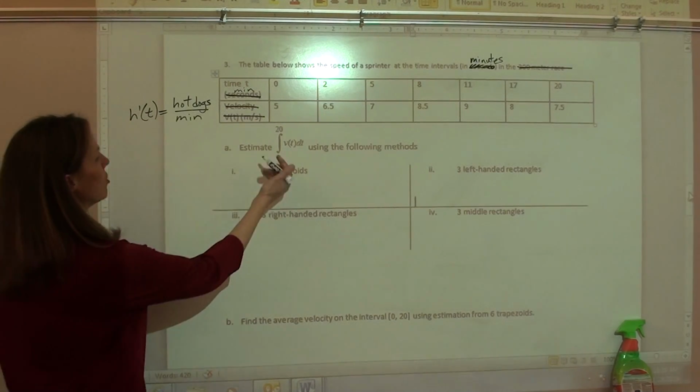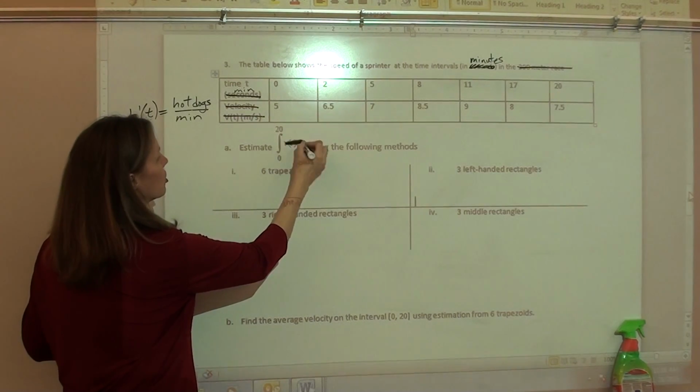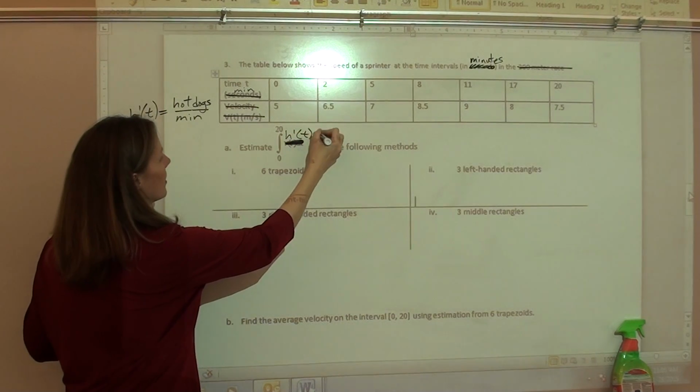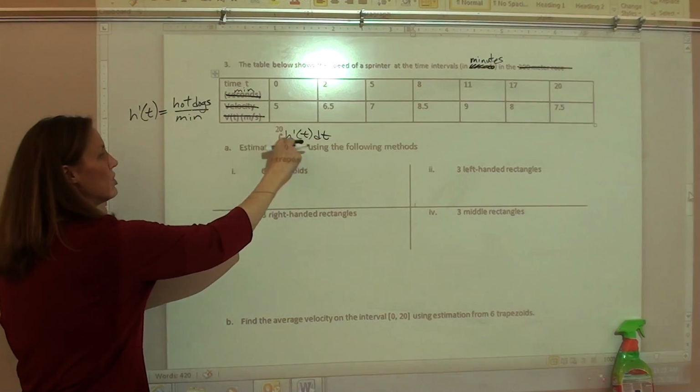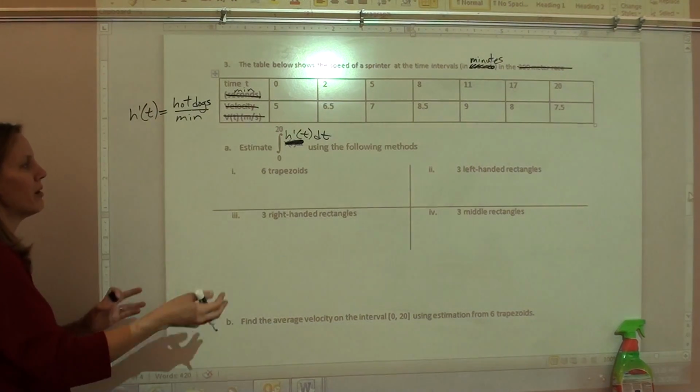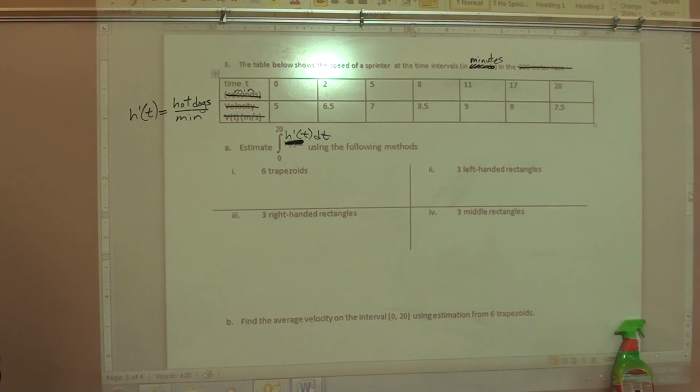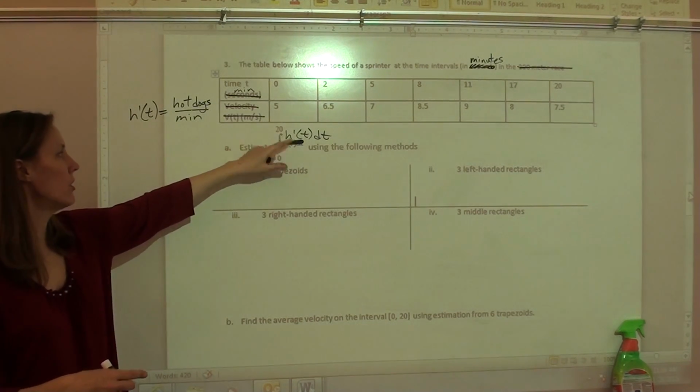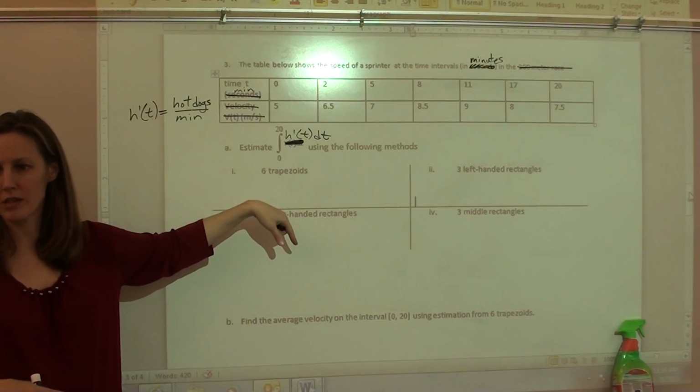So when we estimate the integral from 0 to 20 of h prime, these values are going to be approximations for the total number of hot dogs consumed in those 20 minutes. Does that make sense? Whenever you have a rate given to you and you do a definite integral, it's the amount of whatever that is.